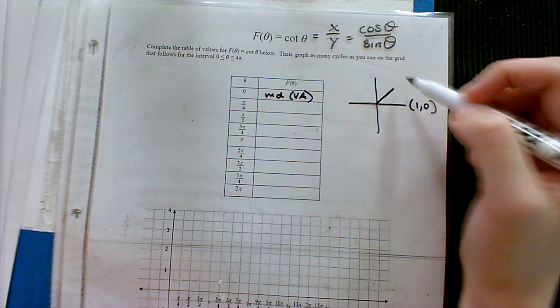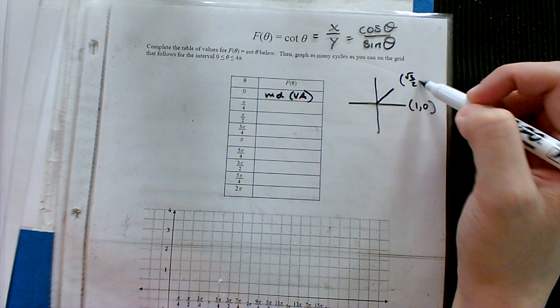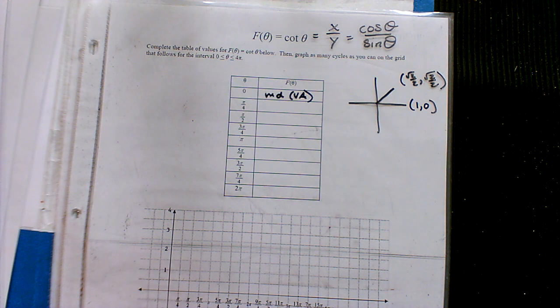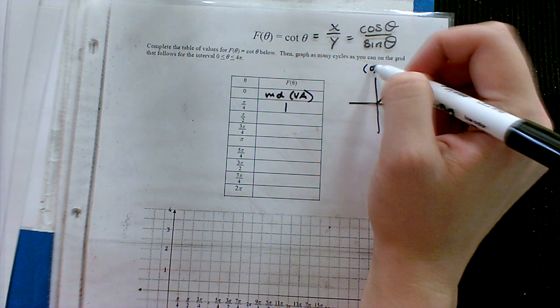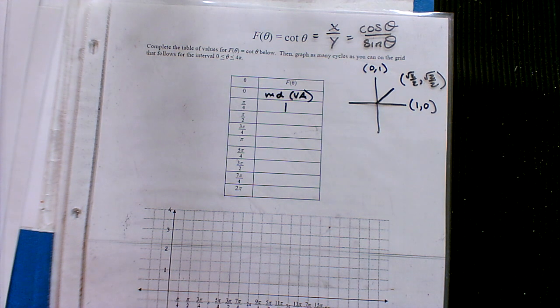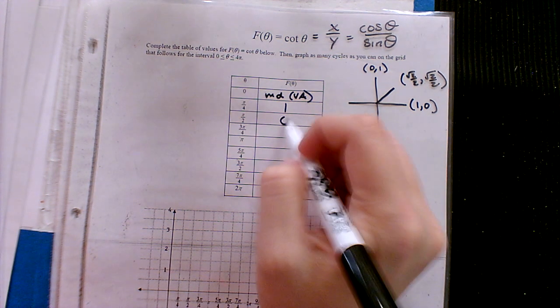All right, pi over 4, middle of the first quadrant, (square root of 2 over 2, square root of 2 over 2). If we did x divided by y, yep, thanks Tori, we got 1. We're dividing the same number. Pi over 2 at the very top, x divided by y. 0.